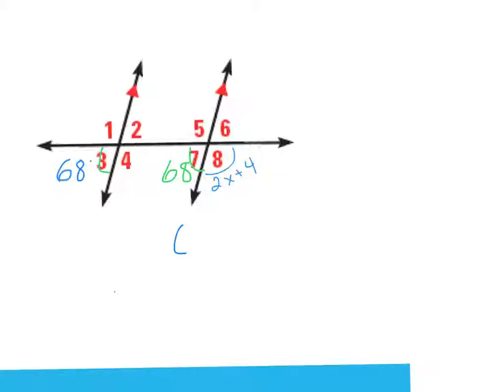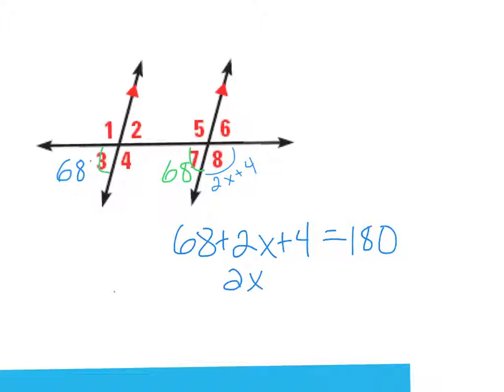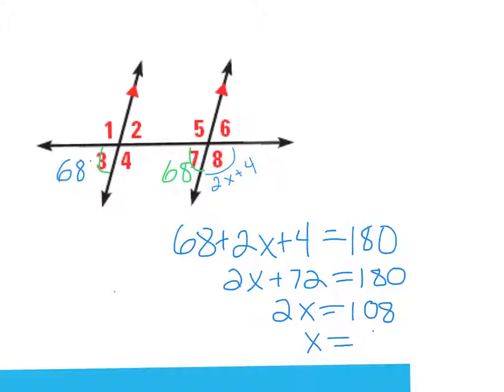Supplementary, which means 68 plus 2x plus 4 would equal 180, because that's the linear pair postulate, right? The linear pair postulate says that two angles that form a line add up to 180. So then I'd get 2x plus 72 equals 180. Subtract 72, and I get 2x equals 108, and x equals 54. Good.